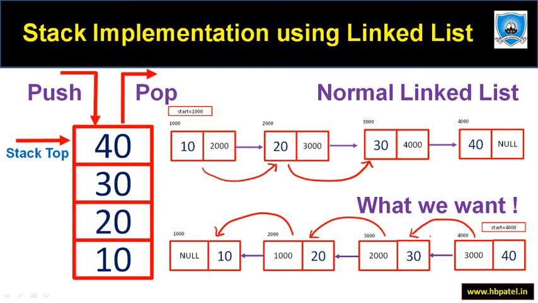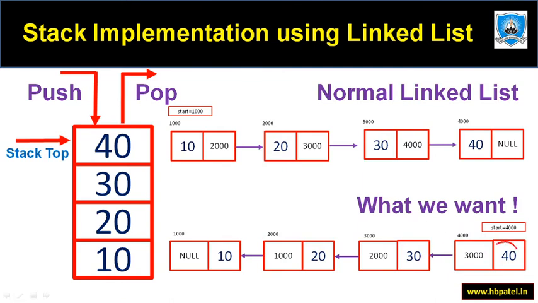So if I can create linked list like this, then I can always start from this last node, and then I can always move to the third node. So I will be printing 40 first, then 30 second, then 20 as a third, and lastly I'll be printing 10. And this will be nothing but my stack way, 40, 30, 20, and 10.